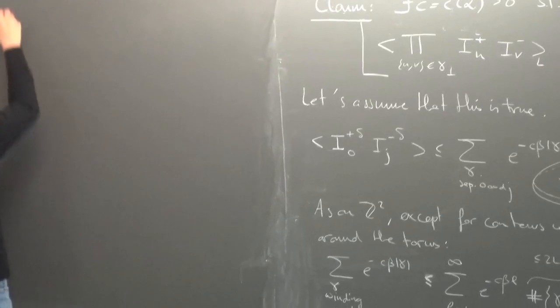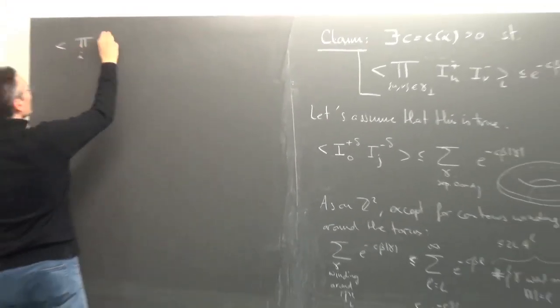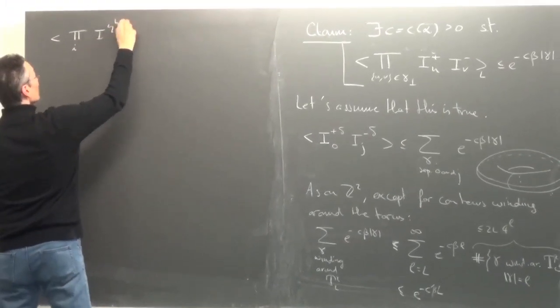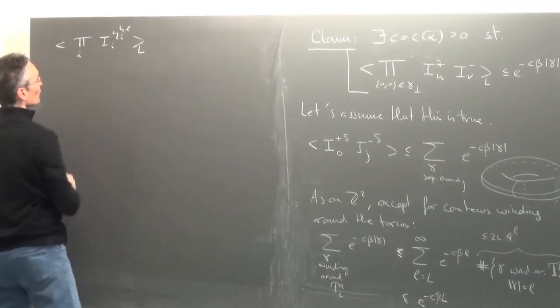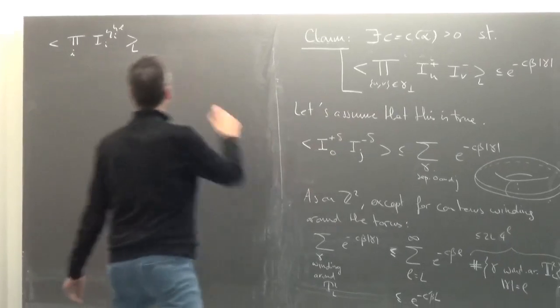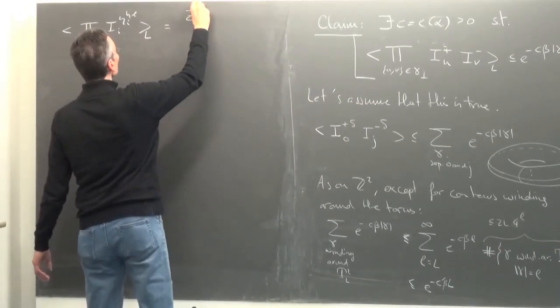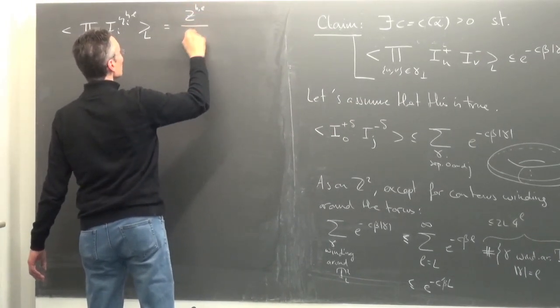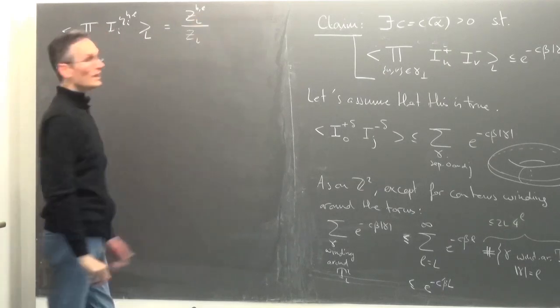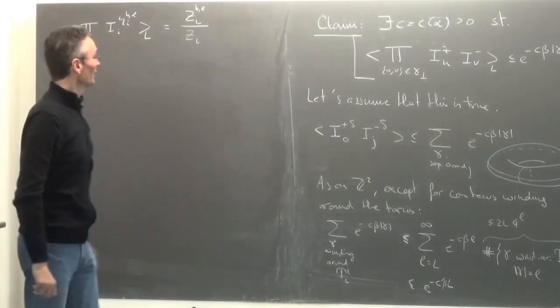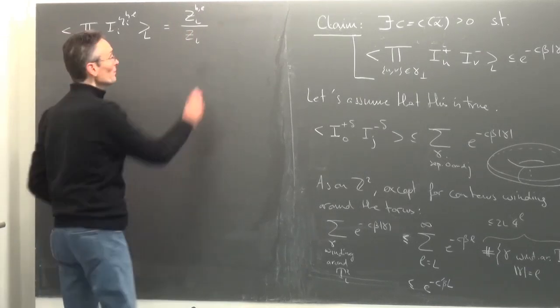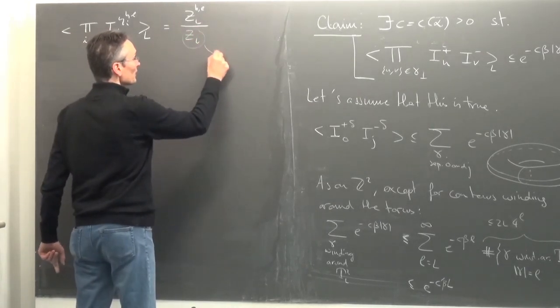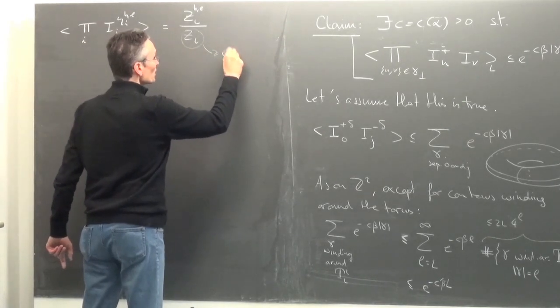So we can write this product over i of eta HE, i, this quantity which is here, as Z_HE over Z_L, exactly as before. Then this guy, we already lower bounded in the other lemma. We already know that it's larger than exponential of what?